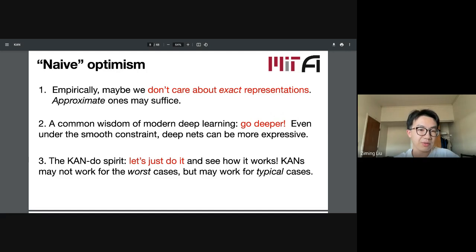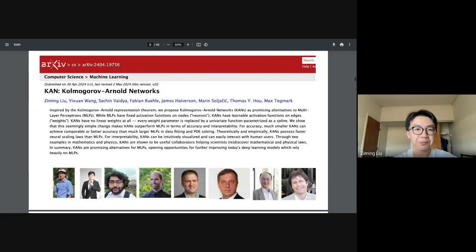And thirdly, let's have this can-do spirit. Let's just build the new network and see how it works. It may not work for the worst cases, but may work for the typical cases. This is a discrepancy between math research and physics research. In math, people care a lot about worst cases, but in physics, we care a lot about the typical cases.